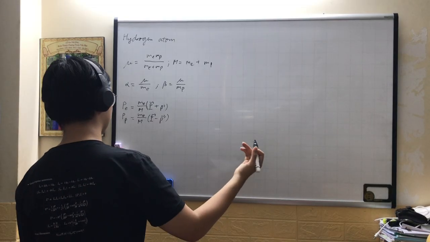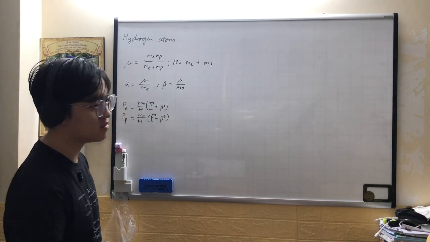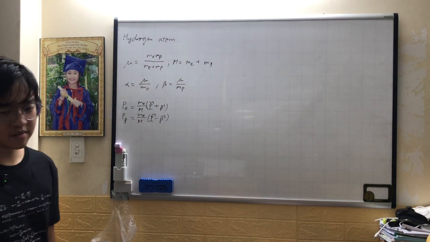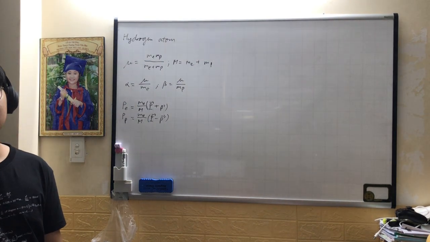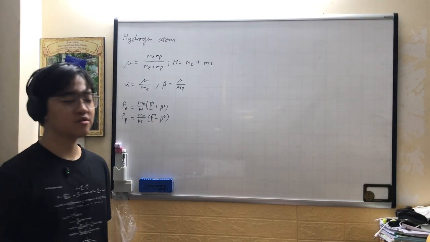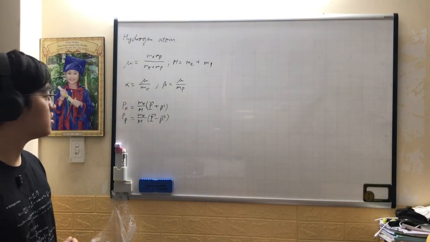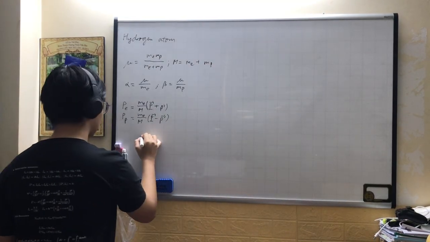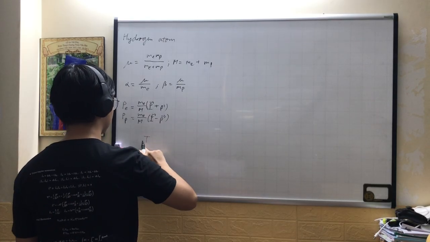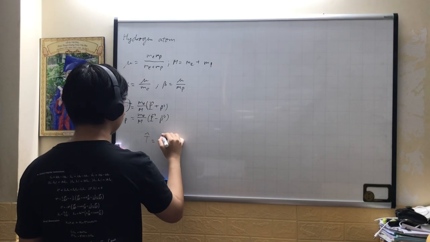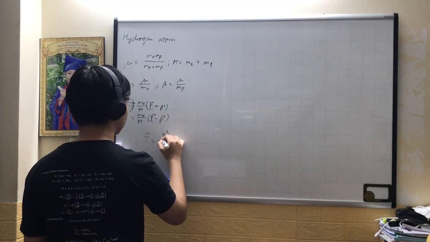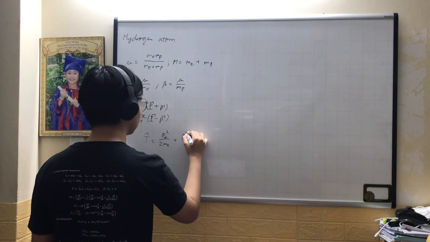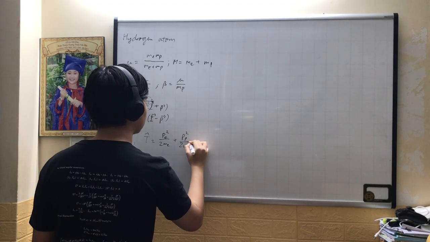Right, so from here you can transform your Hamiltonian, or more specifically your kinetic part of the Hamiltonian, your kinetic operator, into something new. Your previous kinetic operator, your T hat, is previously p_e squared over 2m_e plus p_p squared over 2m_p.